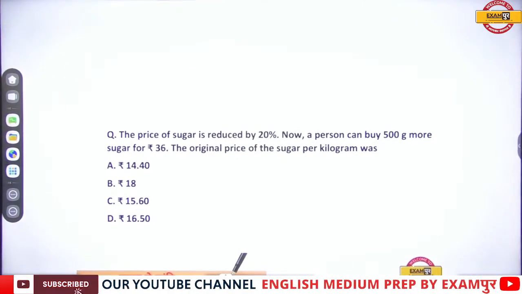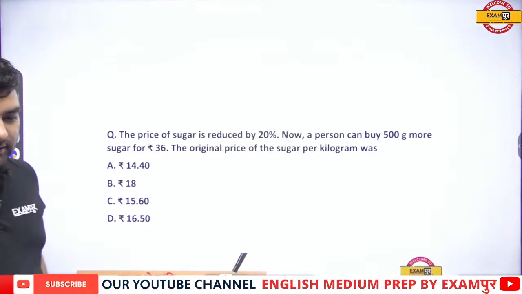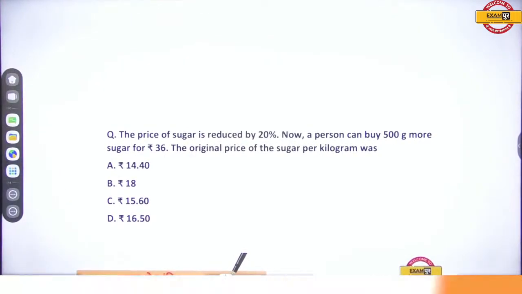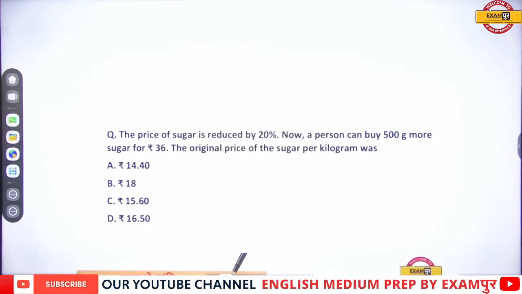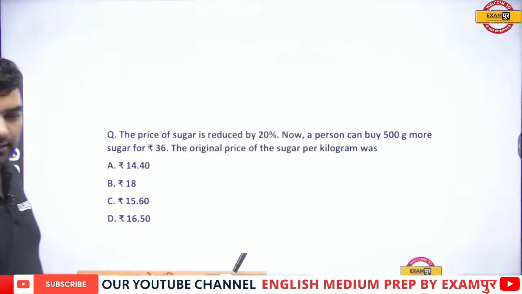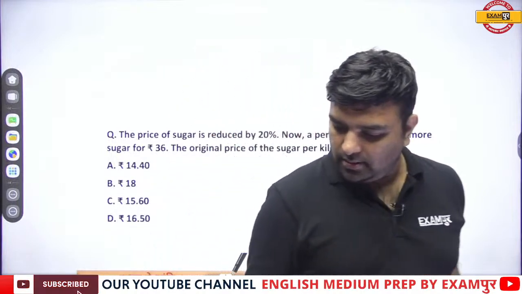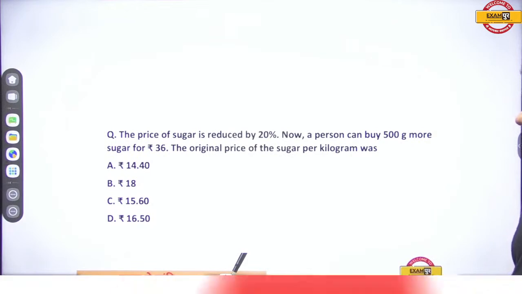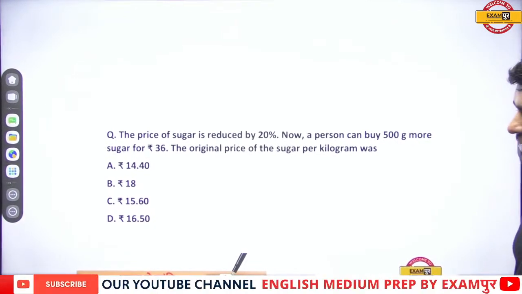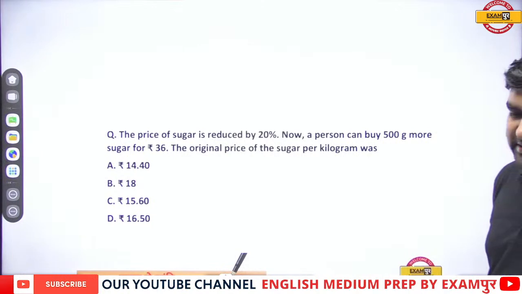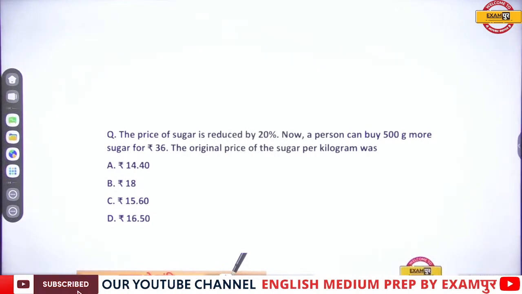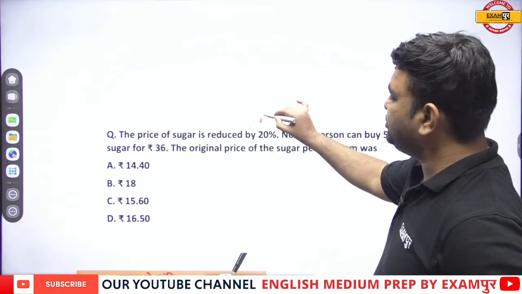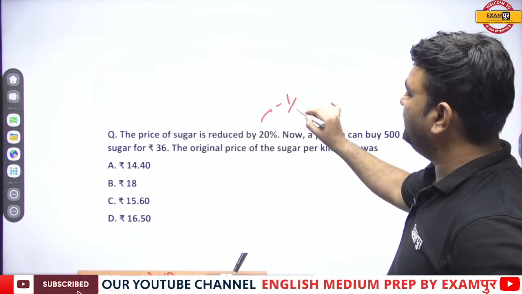Price of the sugar is reduced by 20%. Now a person can buy 500 gram more sugar for 36. What is the original price of the sugar per kg? 20% is a reduction of 1 by 5.